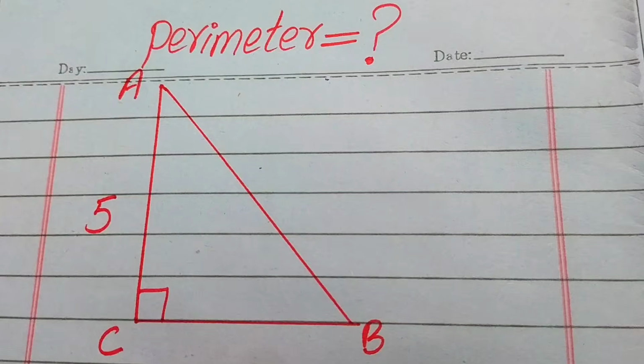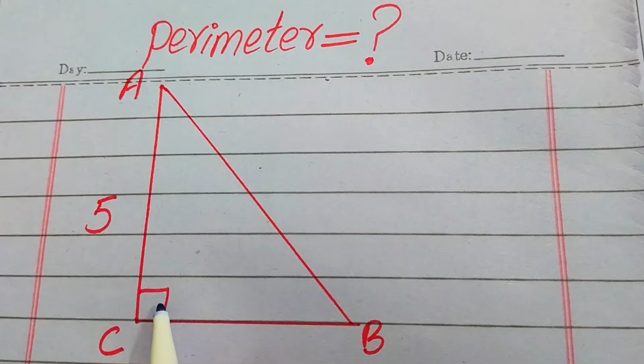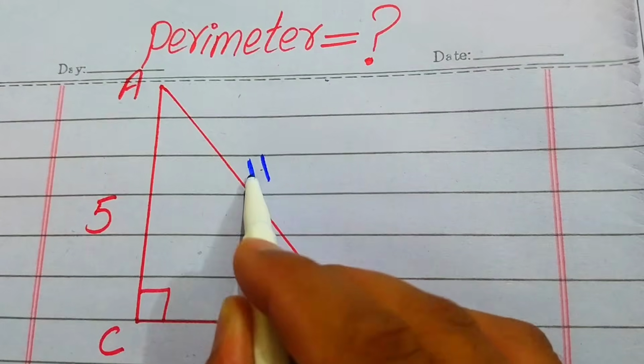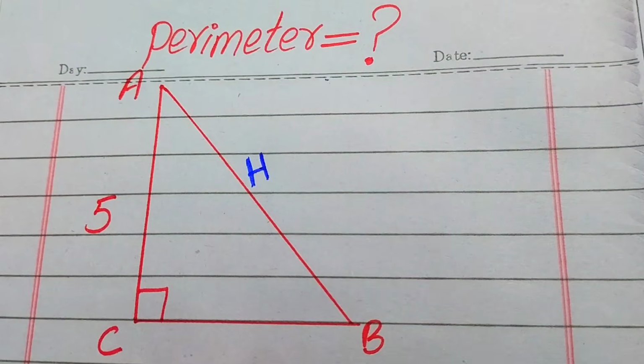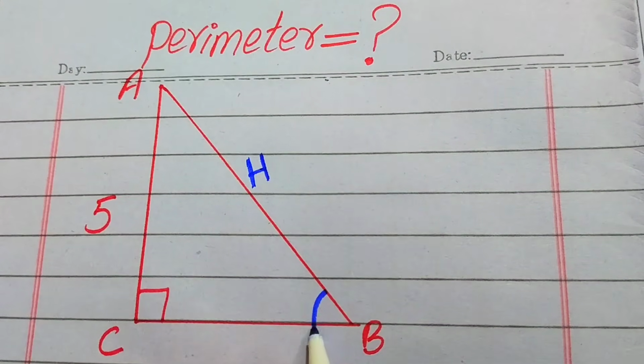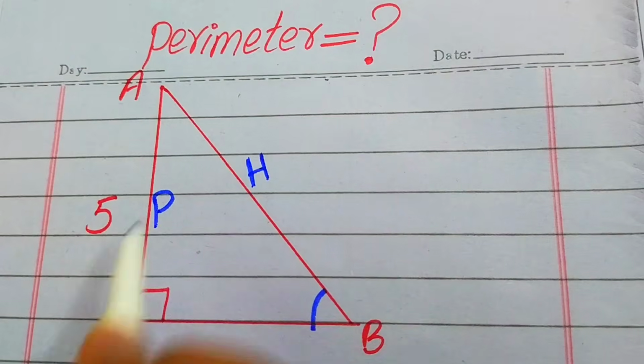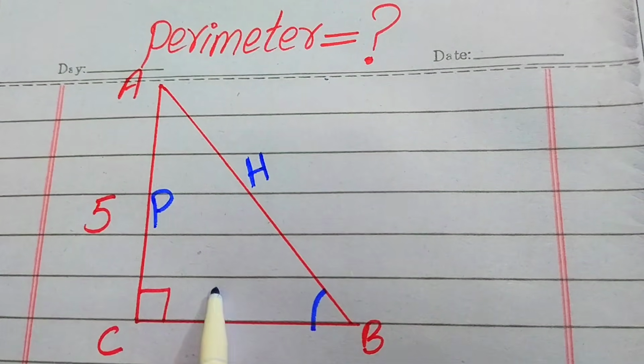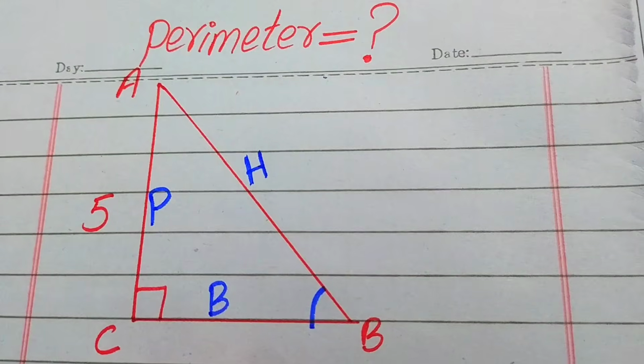First, you know that the side opposite to the right angle is called the hypotenuse, the side opposite to the other angle is called the perpendicular side, and the side that joins both of these angles is called the base of this triangle.